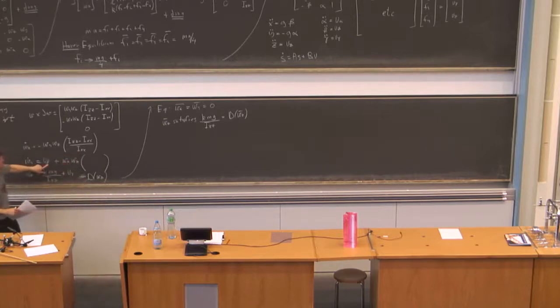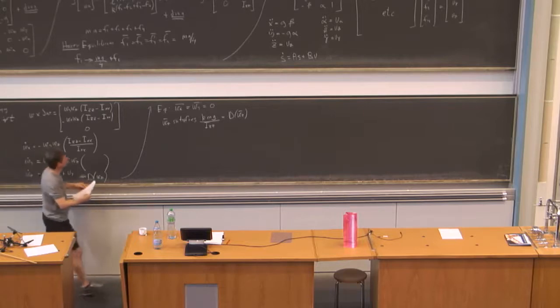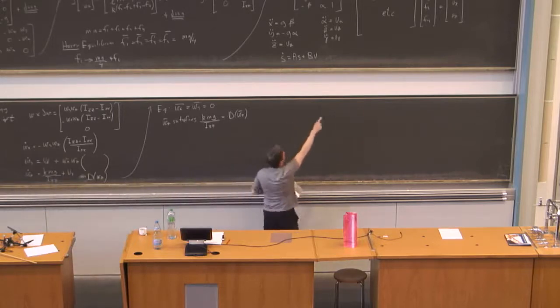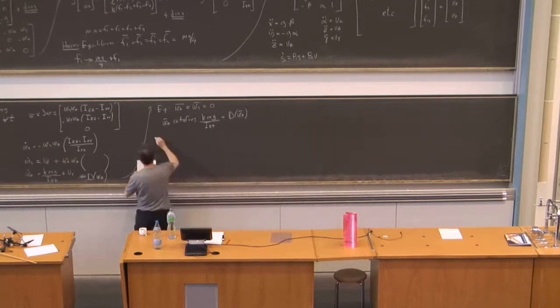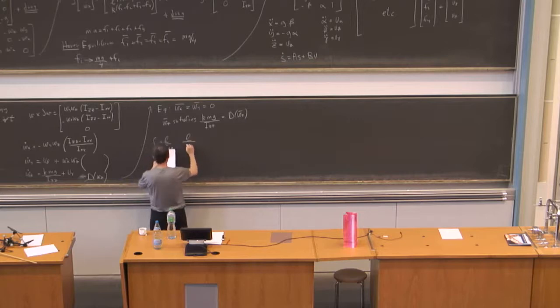This u sub beta term and this u sub gamma term, it's the same thing as before. I can write a matrix equation that relates them. Minus L over Ixx. It's not important. It's just a simple matrix transformation.